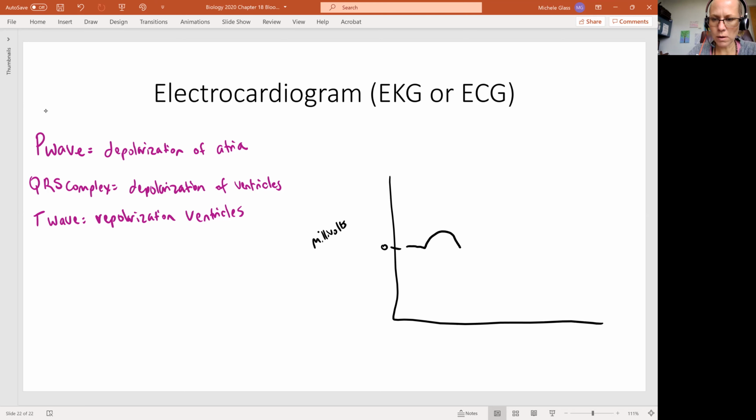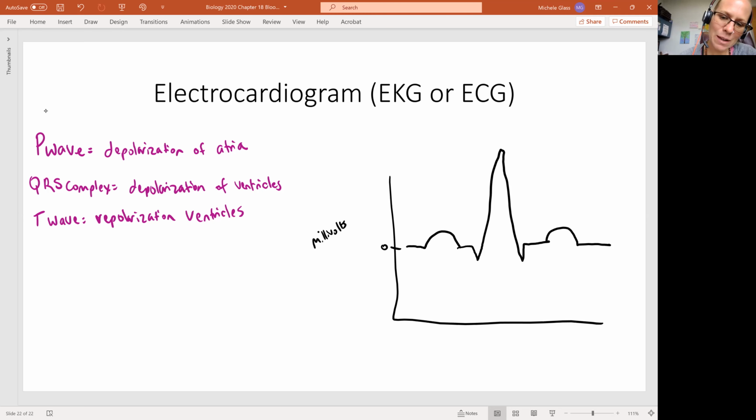That's your P wave. Come back to 0, and then do a little dip down, and it's pointed. And then keep going way up high to a top peak, and then do a point back down, come to 0. And then we do another like little hill and then back to 0. And you can see mine got a little wobbly there.